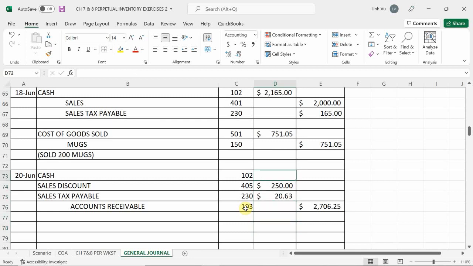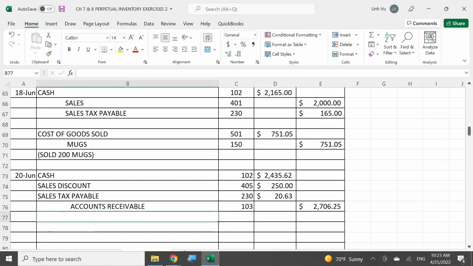If she owes me $2,706.25, but we have to minus the discount and minus the tax that we have to give back as well, how much is customer A actually going to pay me? $2,435.62. Good.